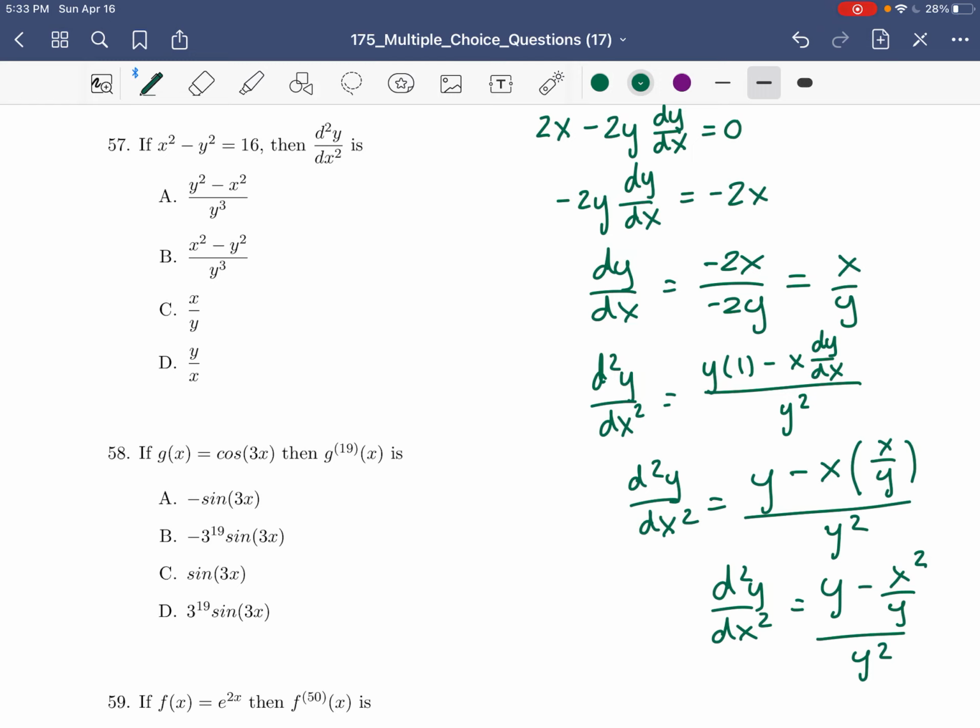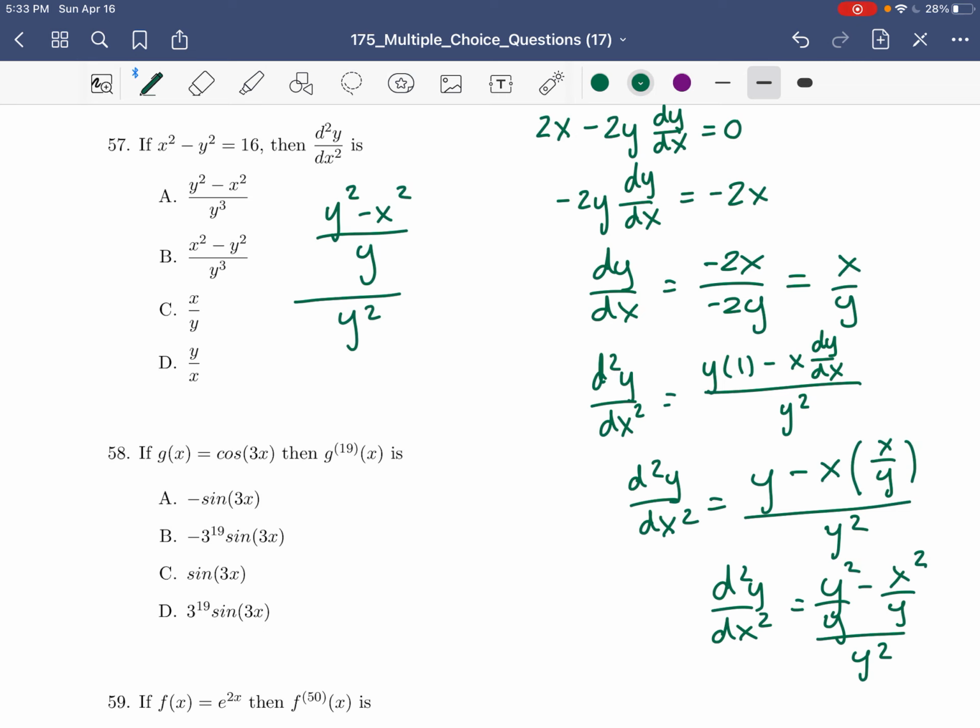But that still doesn't look like any of our answers, so we're going to have to make this have a common denominator on the top. So this is going to become y squared over y. Then I'm left with y squared minus x squared over y, all over y squared.